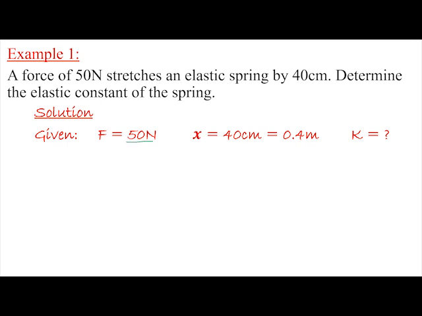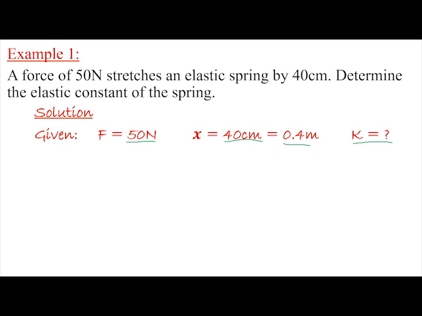X is given as 40 centimeters. To convert this to meters, we simply divide 40 by 100, which will give us 0.4 meter. And K, the constant, is the unknown factor that we are looking for.